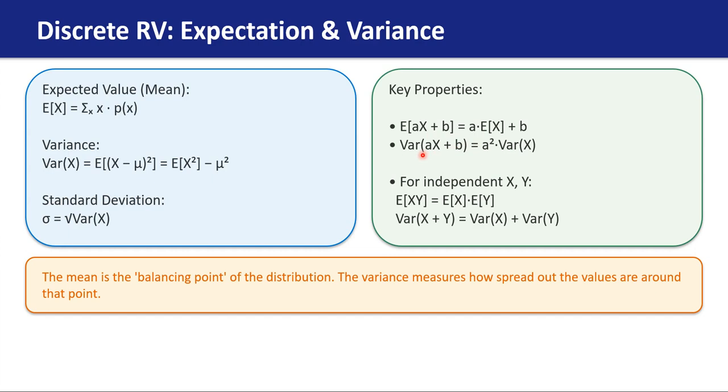Also, Var of aX plus b equals a squared times Var of X. Notice that adding b shifts everything but does not change the spread. Adding a constant value to a random variable does not change its spread or variance.